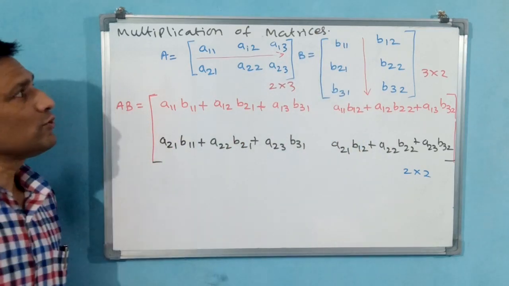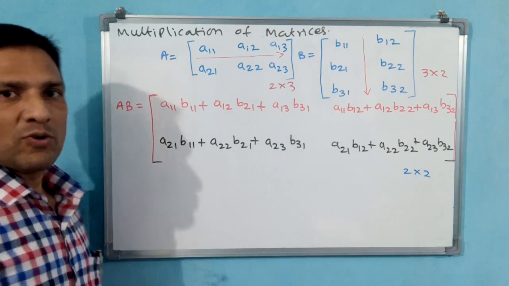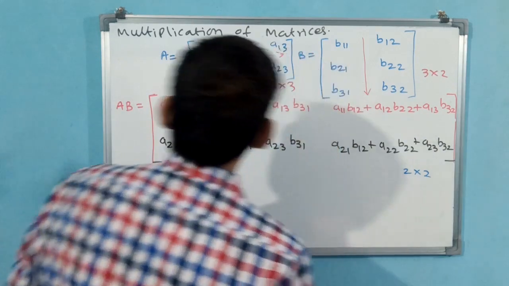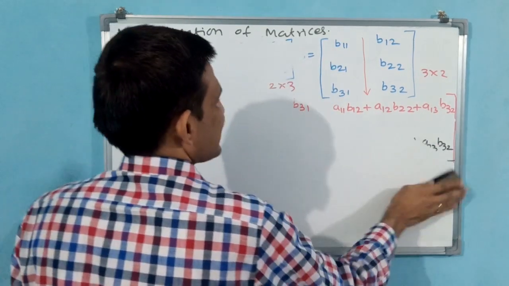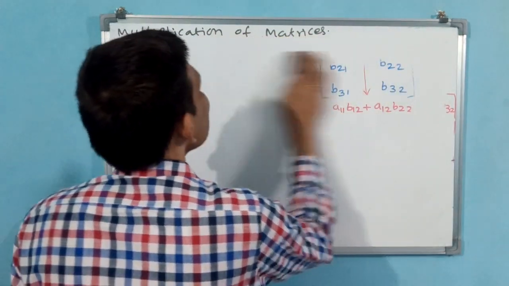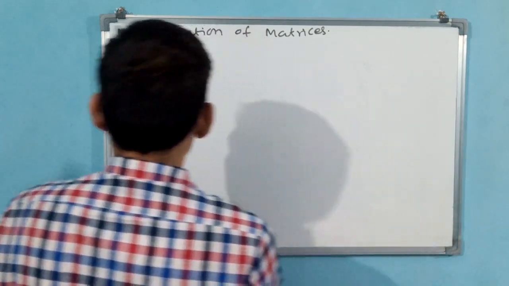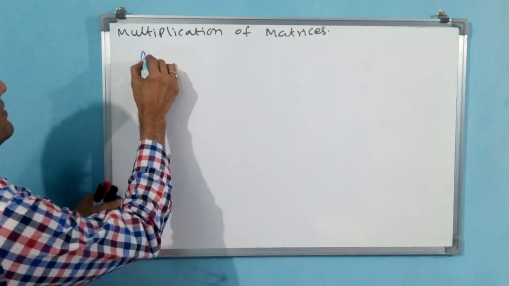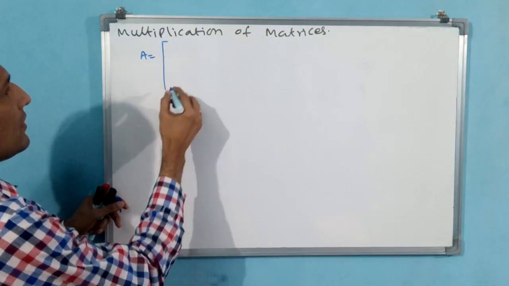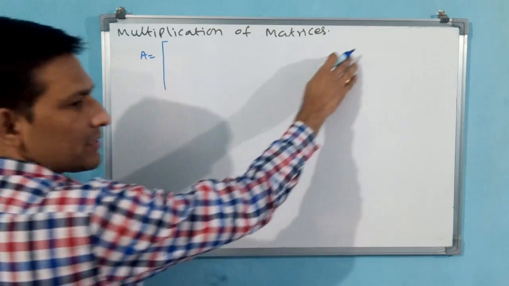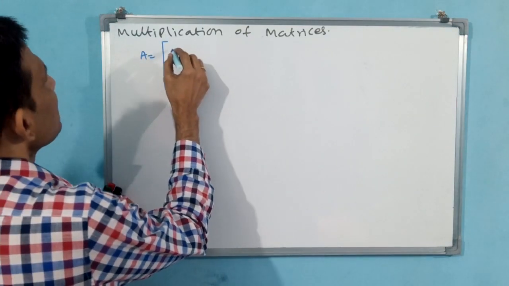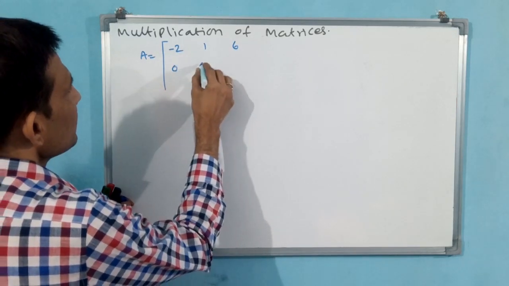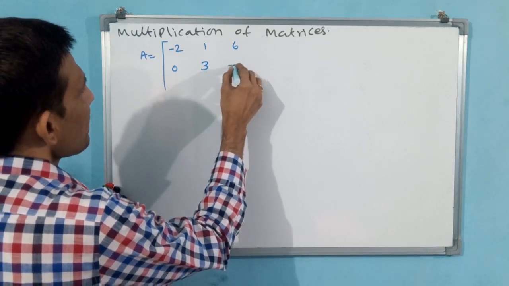Okay, now what we do, same 2 by 3 by 3 by 2, practically we take one example, then you can understand easily. Okay, let us take. Let A is equal to, that means 2 by 3 I am taking, here 3 by 2 I take. -2, 1, 6, 0, 3, -4.